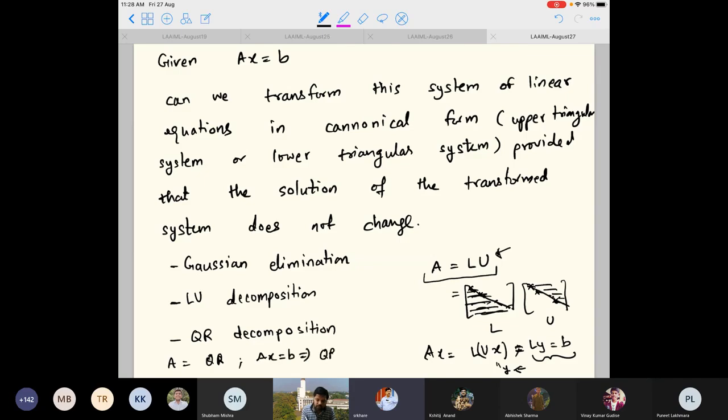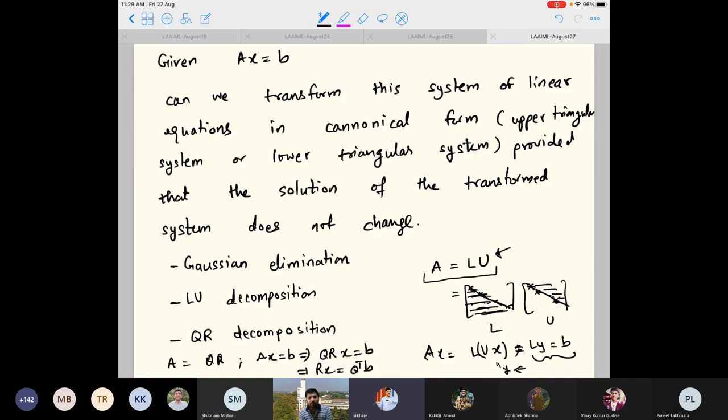Instead of A, you can write QRX is equal to B. Because Q is an orthogonal matrix, you multiply by the inverse of Q on both sides. But now you will say again, I have to compute an inverse. But computing the inverse in the case of orthogonal matrices is very easy because the inverse of an orthogonal matrix is its transpose. So we will have RX is equal to Q transpose B. That's what you are saying.